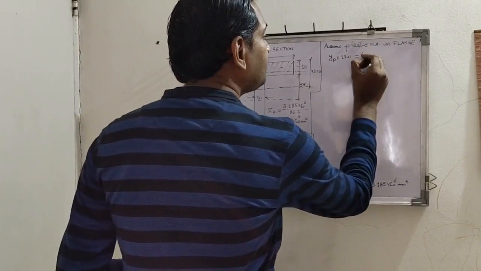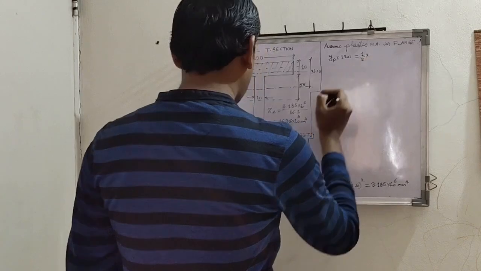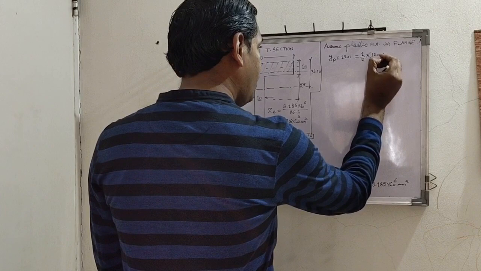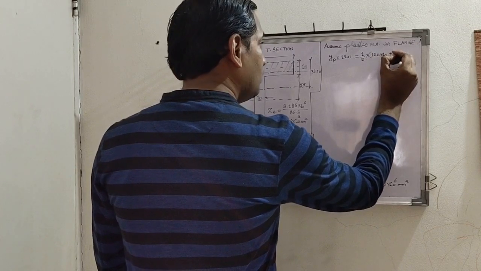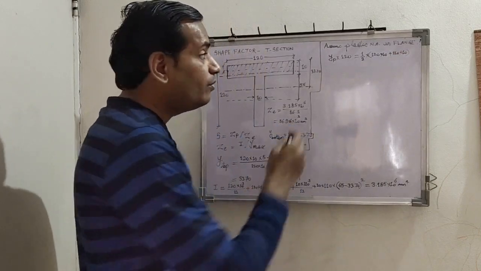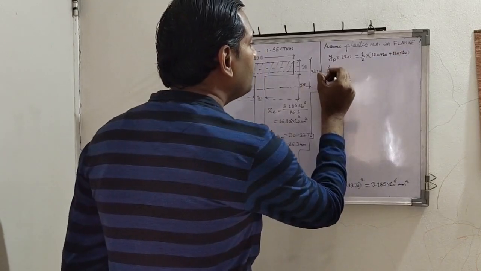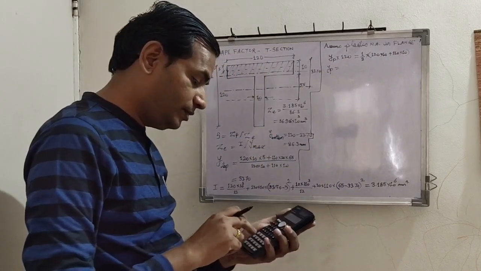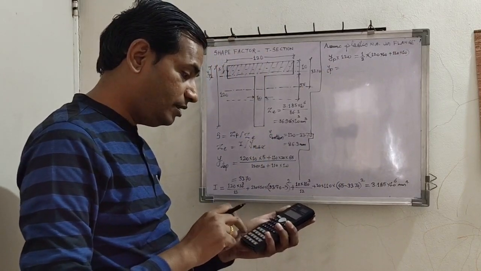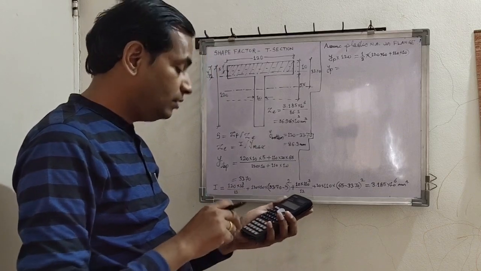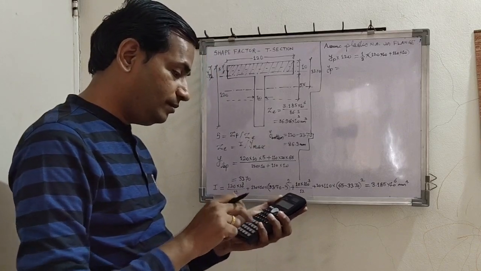So half into 120 into 10 plus 110 into 10. From this we will get YP, that is the depth of the plastic neutral axis. Very simple. So YP equals 120 into 10 plus 110 into 10 upon 2 times 120.